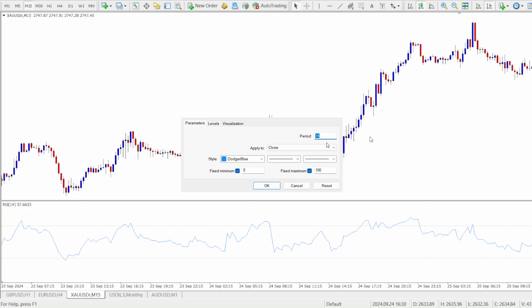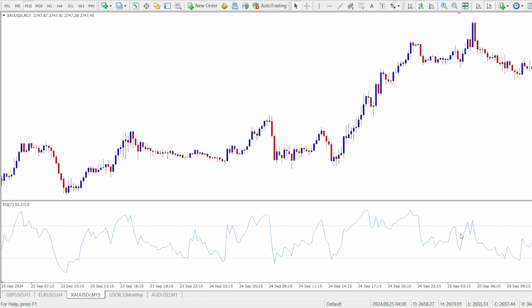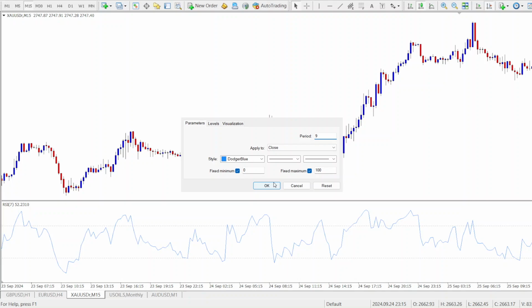But for shorter time frames like 15 minutes, I recommend experimenting with a shorter period such as 7 or 9. So let us try 7 and see how it looks. Remember that the smaller the value, the faster the indicator reacts to price changes. So we can see how the 7 value looks, and then let's see how the 9 period looks.